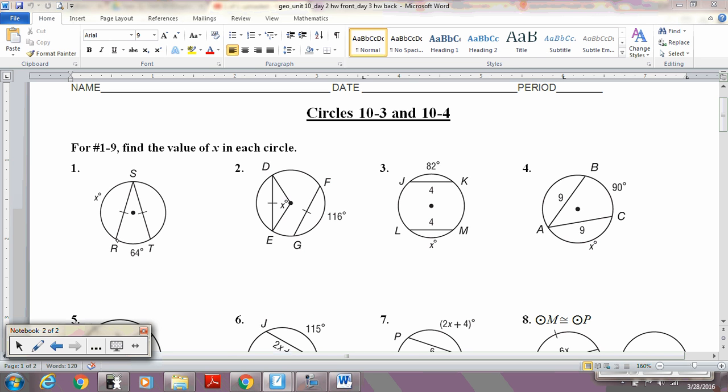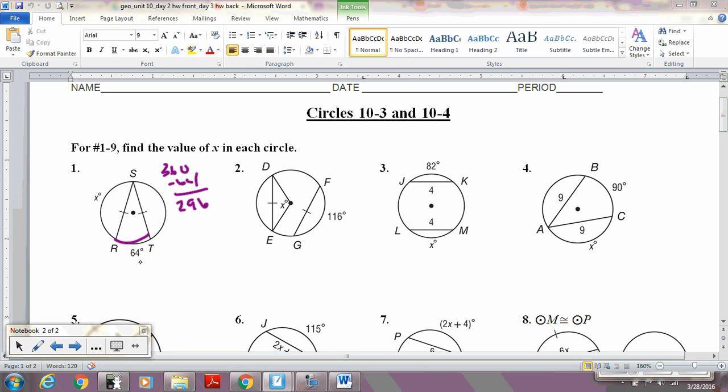So we do know that this arc, RT, is 64, and that the total of an entire circle is 360. So if I take 360 and subtract 64, that'll leave us with the amount left over for the rest of the circle. And that amount should be 296.